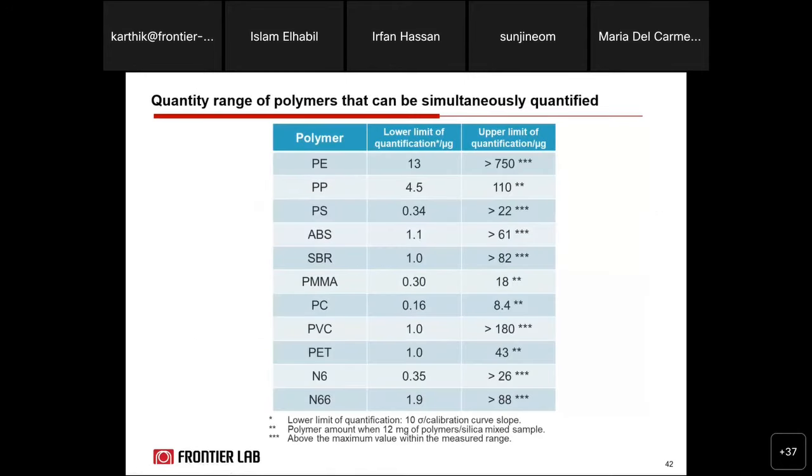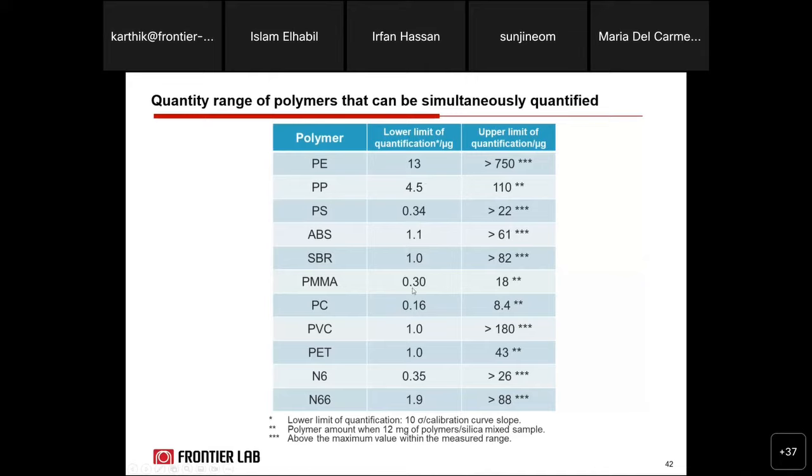So this method, what I have explained so far, is suitable for microgram level analysis. Our lower limit of quantification mostly falls in the range of 13, and as low as 0.34.